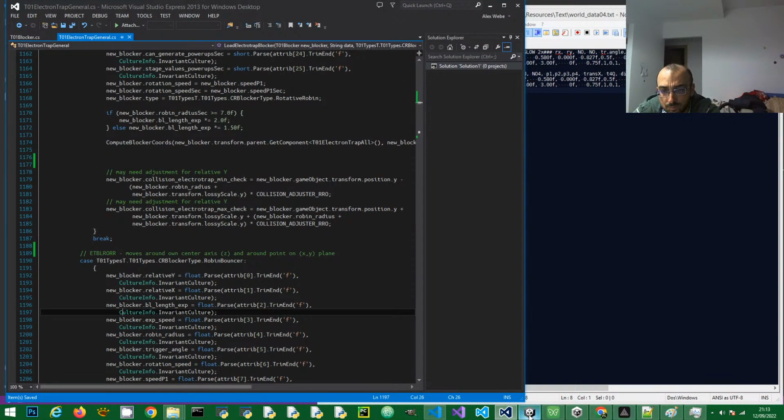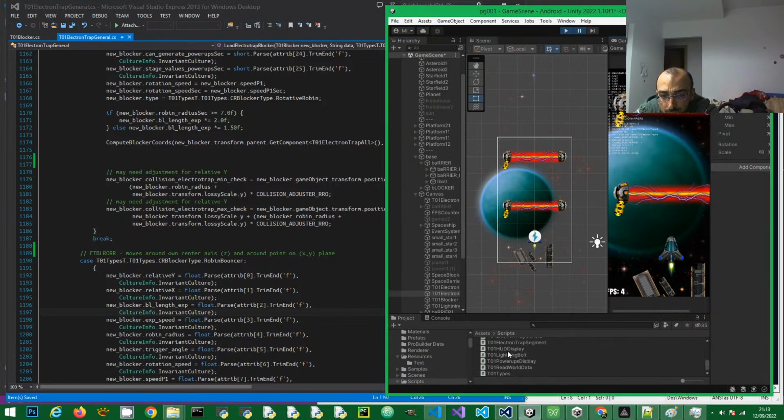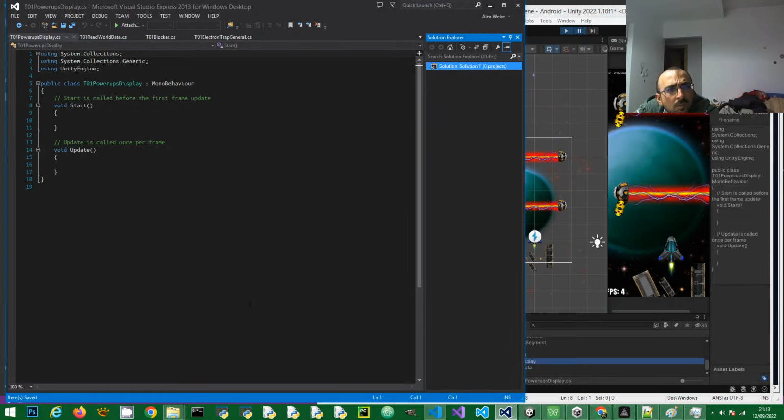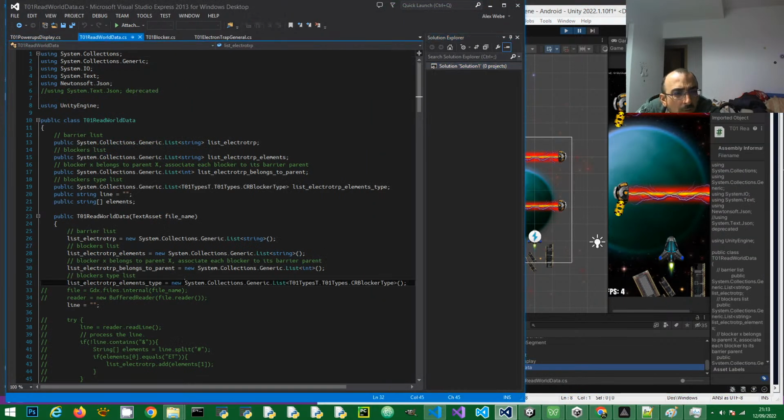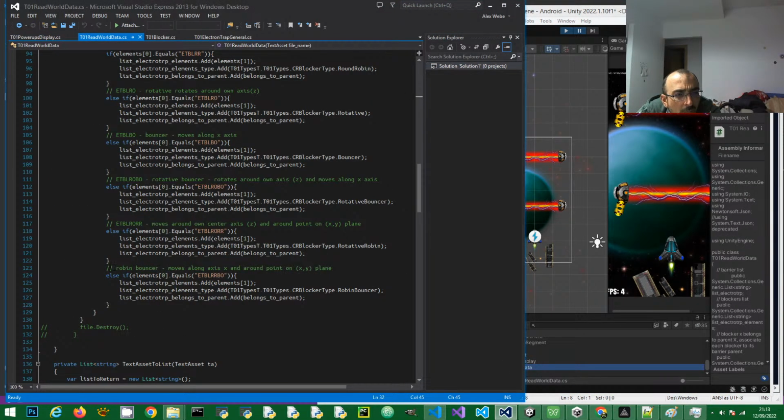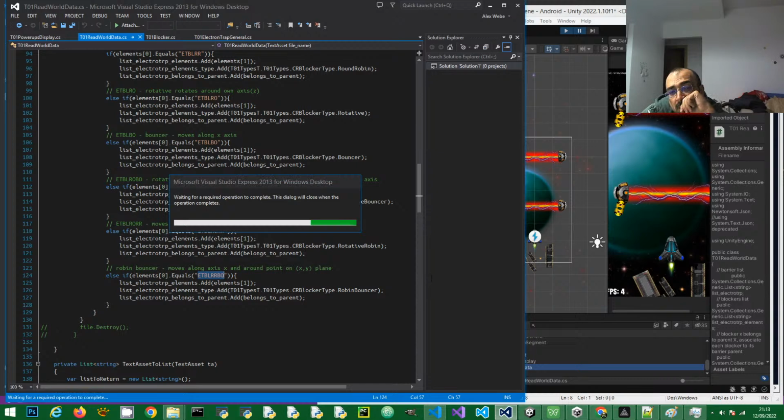What did it do? Moves along x-axis and around point on xy plane. Okay, of course.